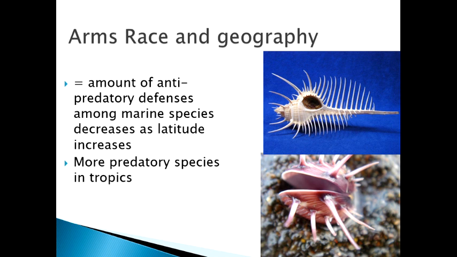Spines, thickened shells, bright camouflage colorations, things like that, that decreases as you go north in latitude. So the pictures here are showing a highly spinose, ornamented snail and clam, and they're from the tropics, clearly, because they are covered with these spines, these anti-predatory devices.